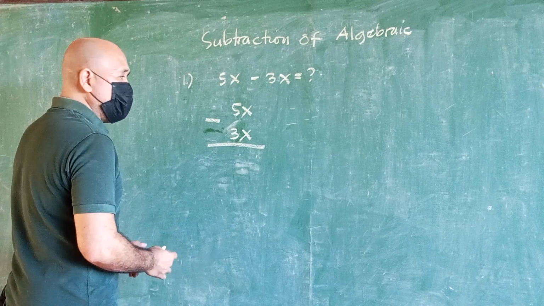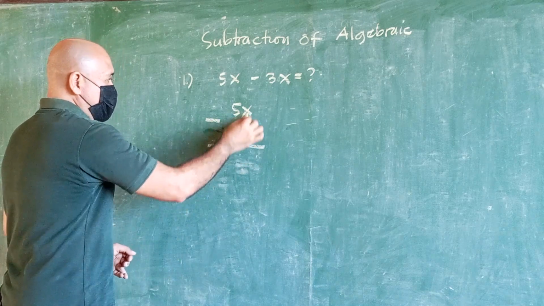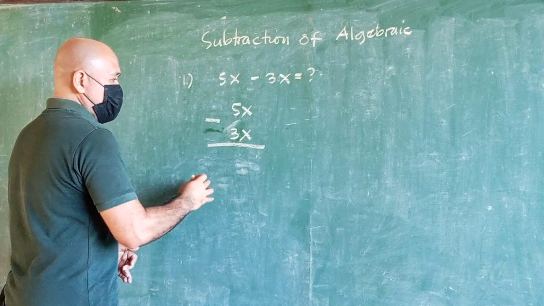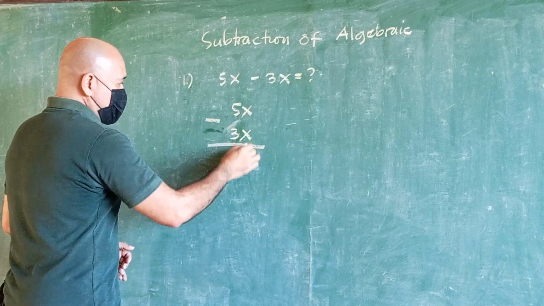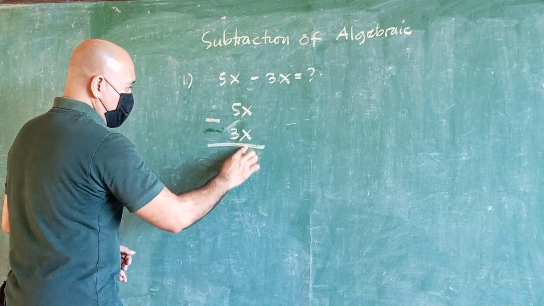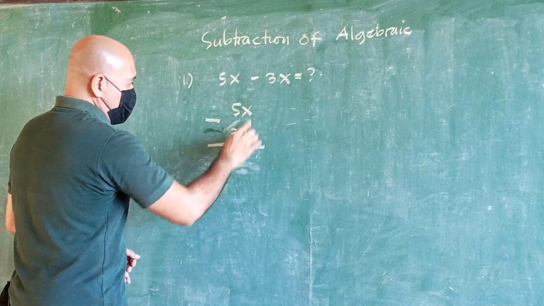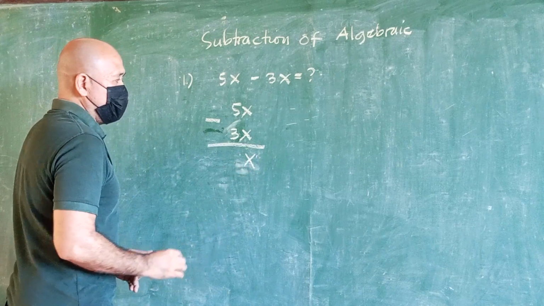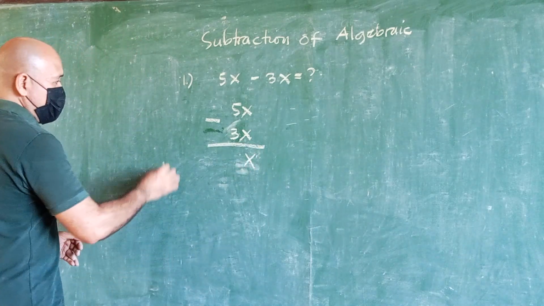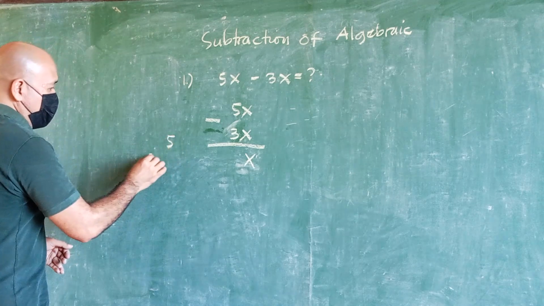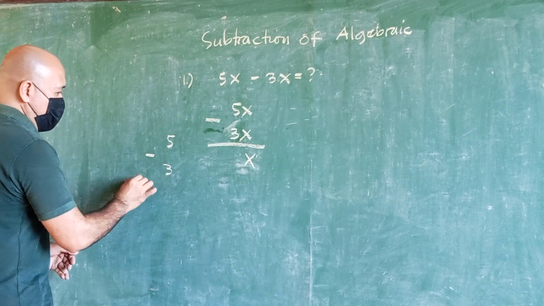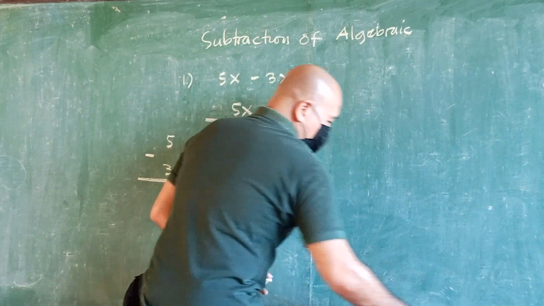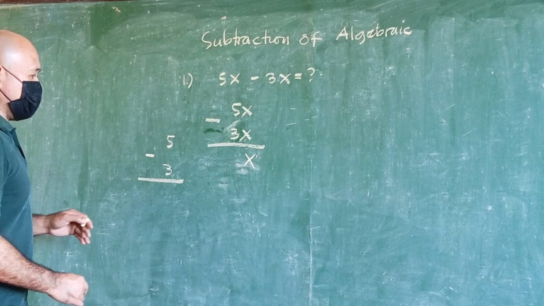If they are similar, like this one, having the same variables and exponent, the same rule in addition is applied here. You just have to bring down the common variable and exponent. And what you will do is simply 5 minus 3. Can you still remember the rule when we subtract integers?